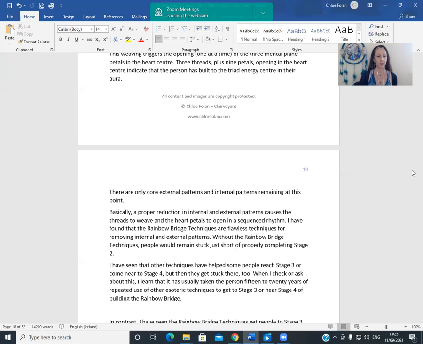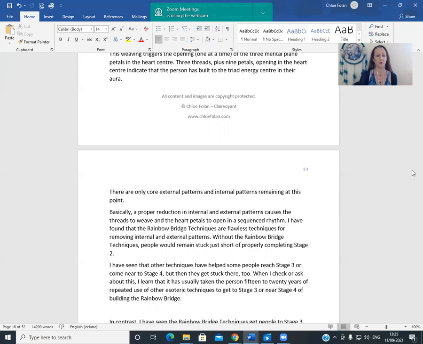And I do believe I'll create another video series on internal and external patterns to explain that a bit more separately. But by the time someone's built to triad, it means all of the outer branching of the complexes has been resolved and cleared, leaving you with just core wounding, meaning a main core wound that caused all of the other pattern complexing and branching.